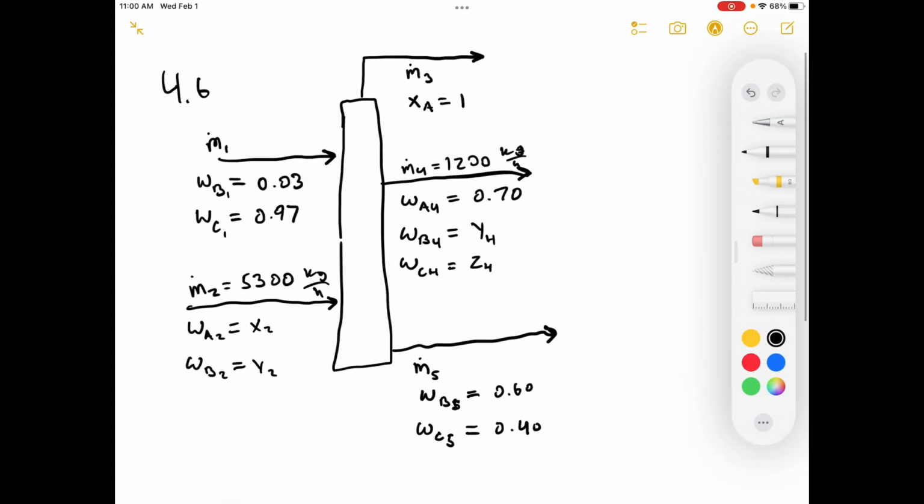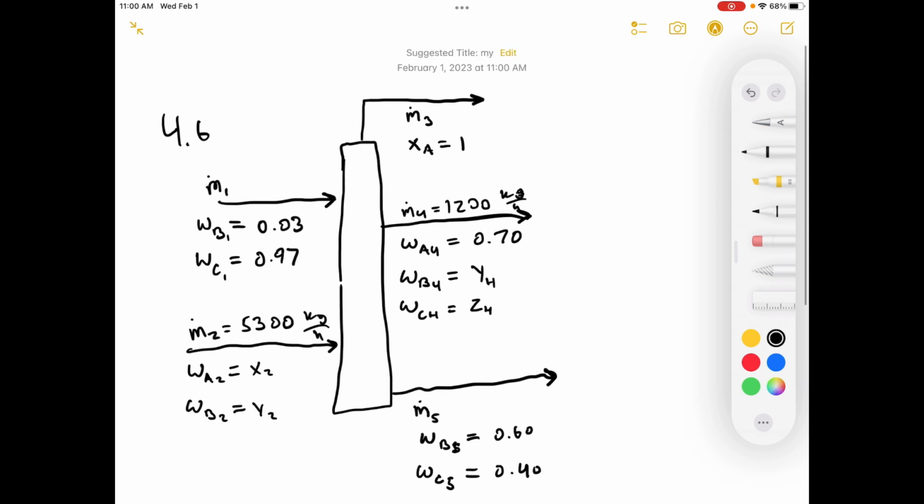Okay, so we've got our picture here that shows the 2 streams going in, the information that we know about them, and then the streams going out and the information that we know about those streams. The one thing that I saw that was a little bit confusing, that you might miss, is that at the top here, the units of the mass flow rate of stream 3 are in kilograms of A per hour.